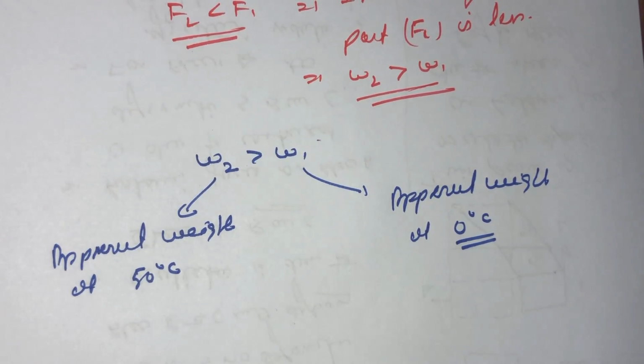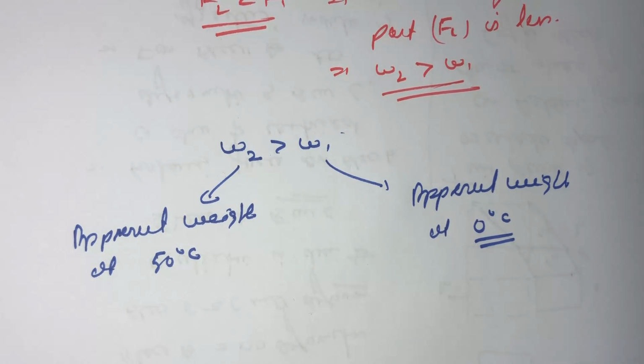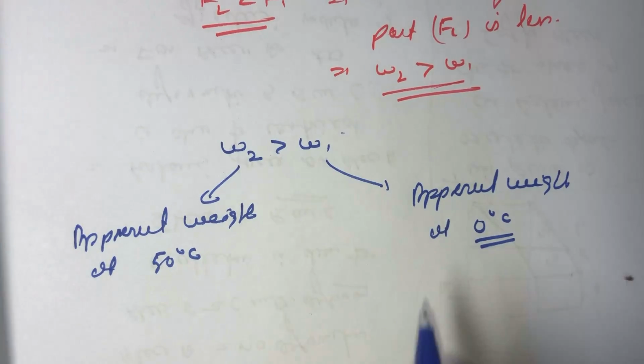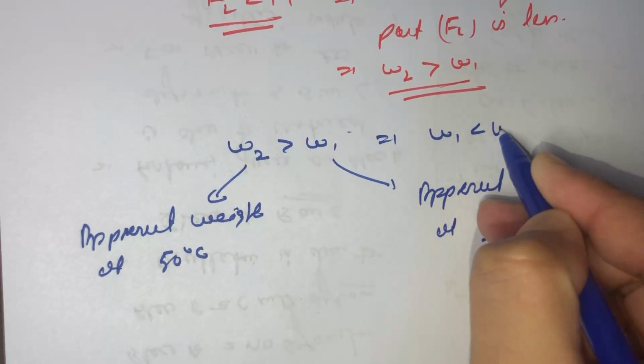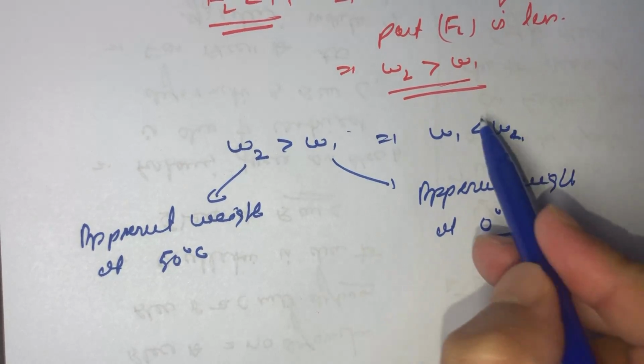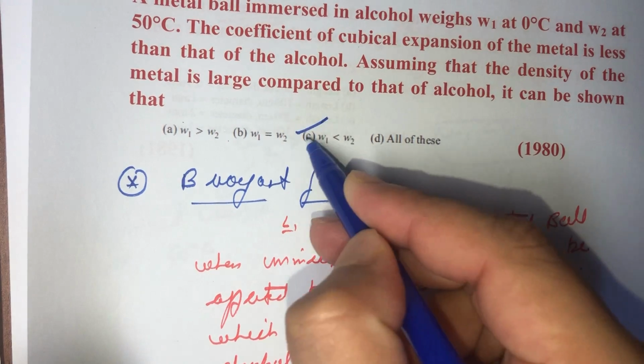So if we see the options available to us, in the answer it is written like this, W1 is less than W2. You can say option number C is the correct option.